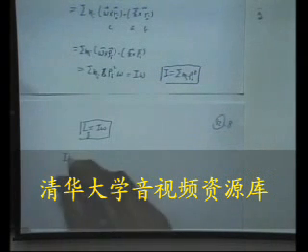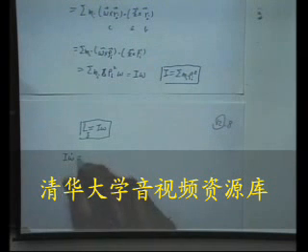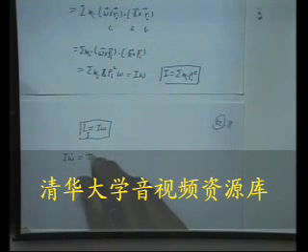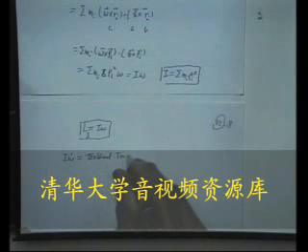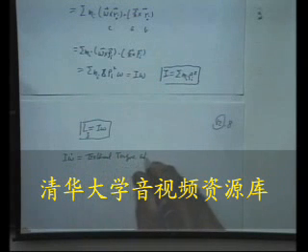And so I omega dot is equal to the external torque along the axis.